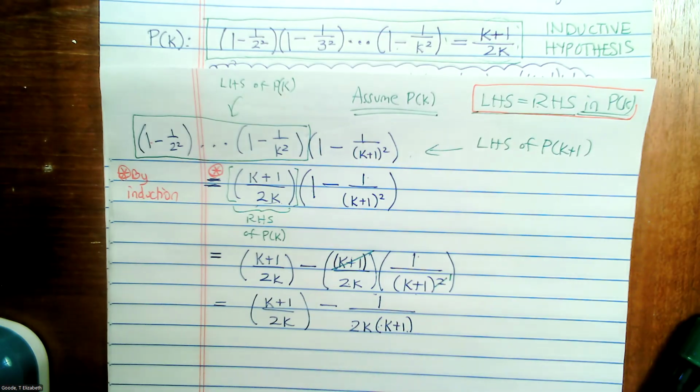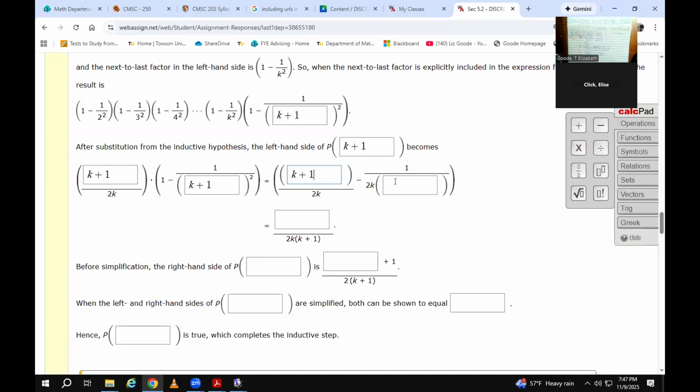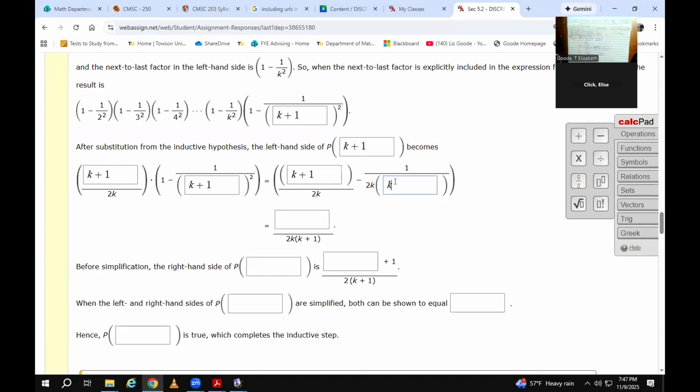Isn't that funny the way it always is turning out to all be k plus 1? And they don't always turn out that way, but I think this is a really good problem because it really does turn out that way. It's just like all these k plus 1s everywhere.